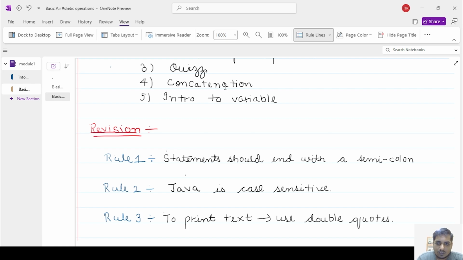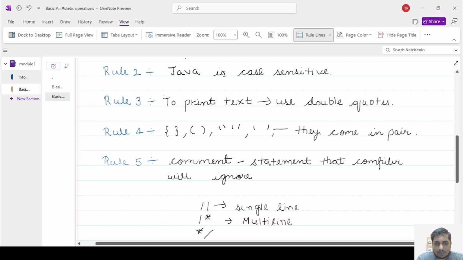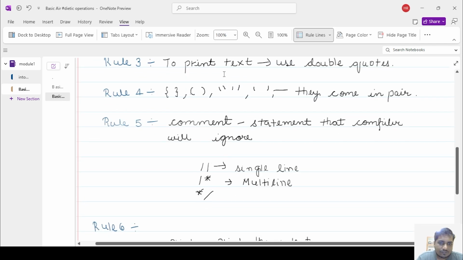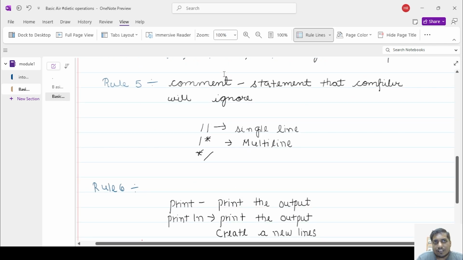Rule number 4, the comment should be done by single line comment or multi-line comment. Rule number 6 is print and println. Print means the text or content will be printed on the same line. Println means the cursor will move to the next line. Got it?